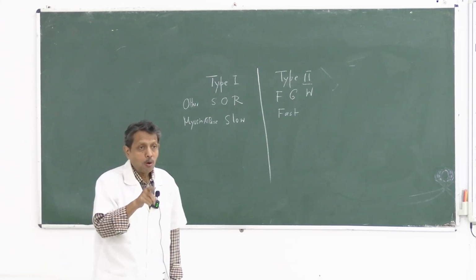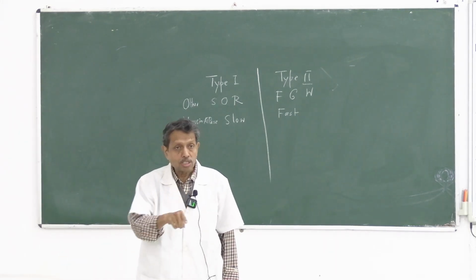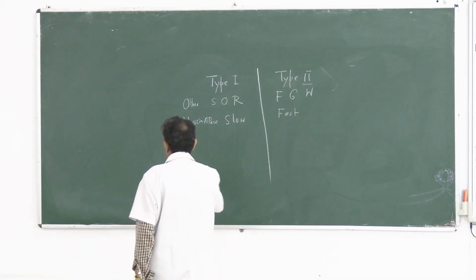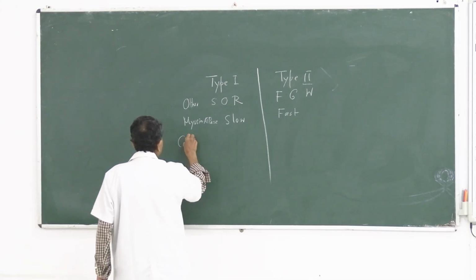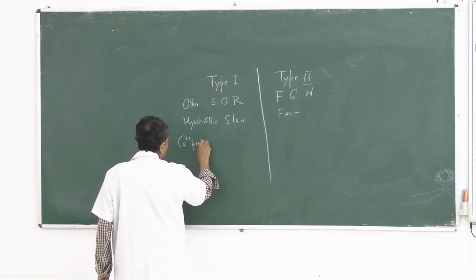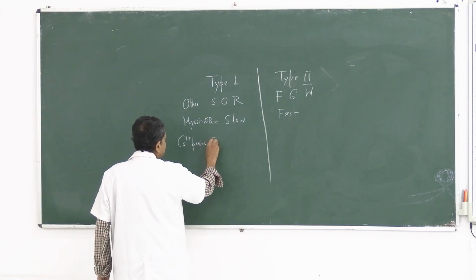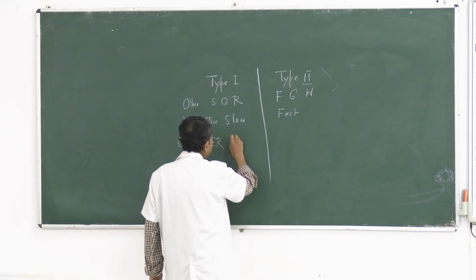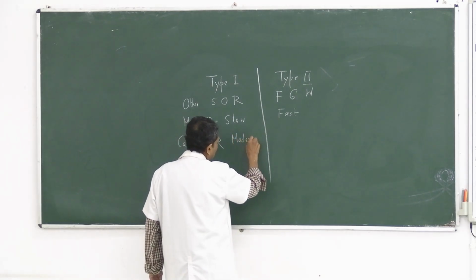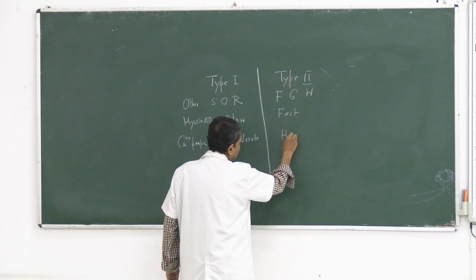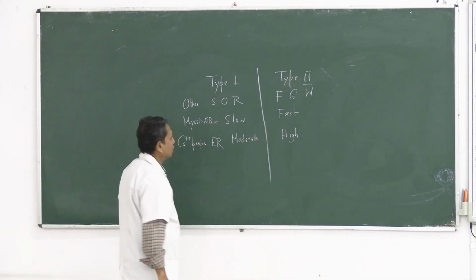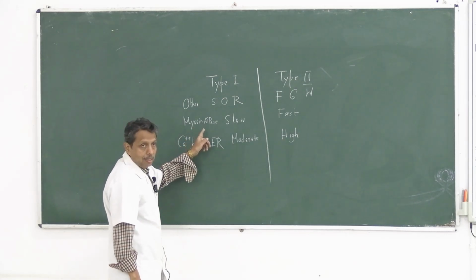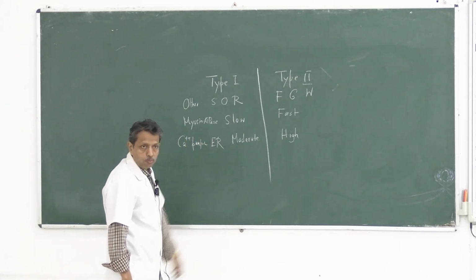Relaxation is possible only when the calcium concentration is low at that point. So the calcium pumping ability in the endoplasmic reticulum is moderate in one and high in the other. It is due to the difference in the isoform, fast and slow.